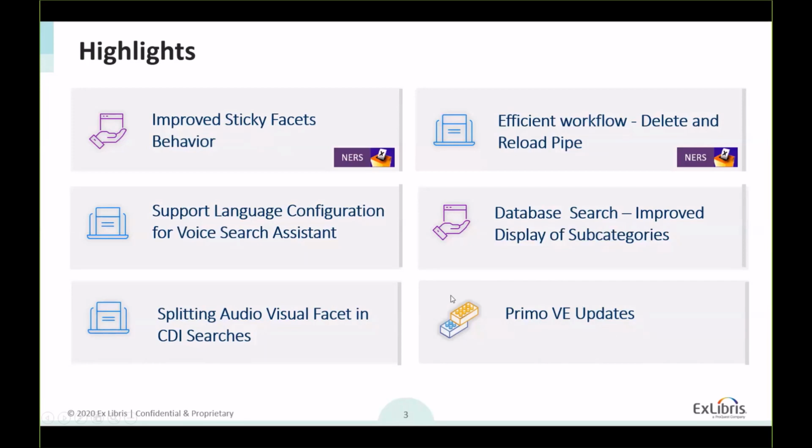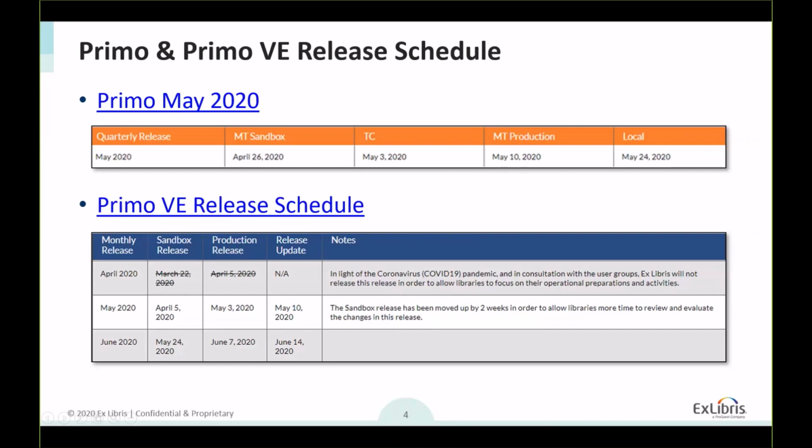Just before we go into the details of each feature, I want to put a timeline in front of you. The Primo Sandbox release is expected this Sunday, April 26th. A week later, the Total Care environment multi-tenant production is going to be on May 10, and after that it's going to be rolled out to the local and other hosted customers.